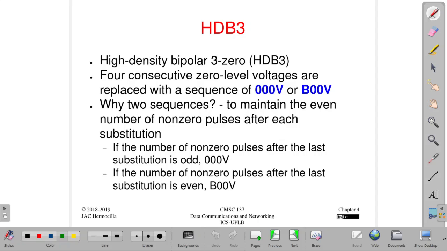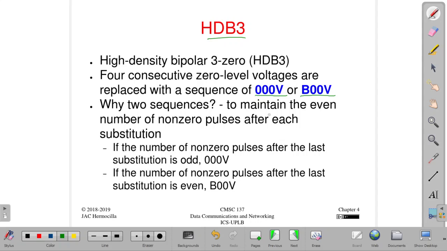The next scrambling technique is called HDB3, high density bipolar 3 zeros. What it does is that 4 consecutive zero-level voltages are replaced with a sequence of 000V or B00V. Why 2 sequences?